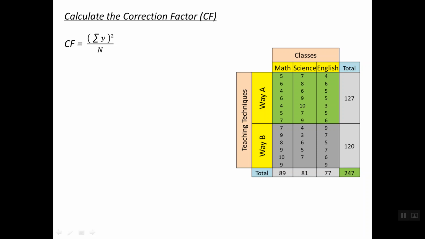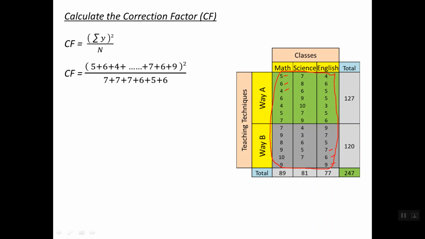We square this value and divide it by the total number of observations. So the summation of y is the total of all of these records or scores, starting from 5, 6, 4, and ending with 7, 6, 9.